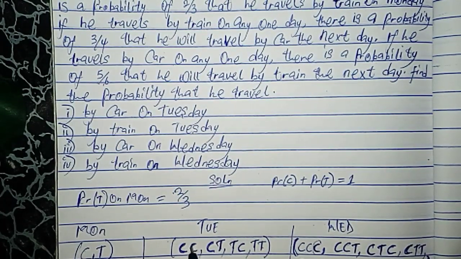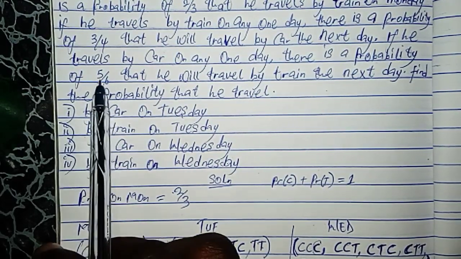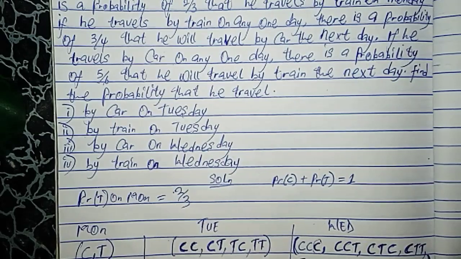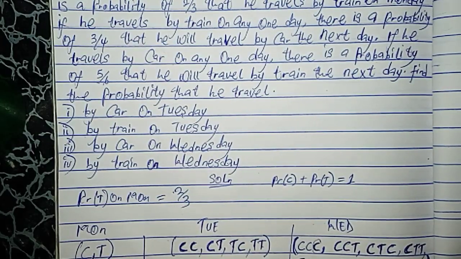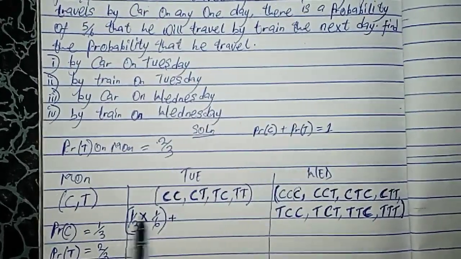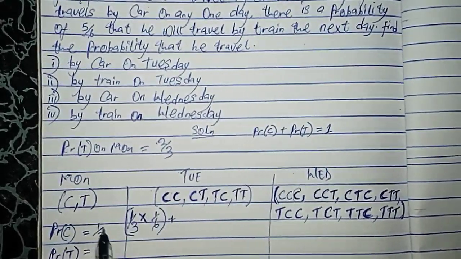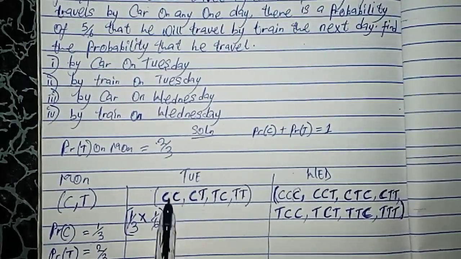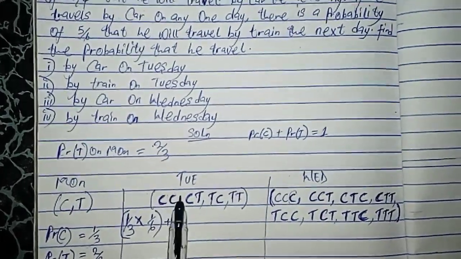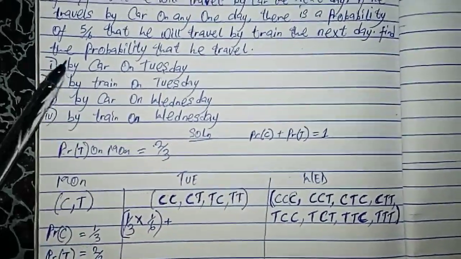So the probability of car would be 1 minus the probability of train, which is 5/6, and that would be 1 minus 5/6. That would be 1/6. Now this should be in a bracket. This is the probability of car on Monday, which is 1/3 from here. And this is the probability of car on Tuesday after traveling by car. Note from the question, we are asked from question 1.